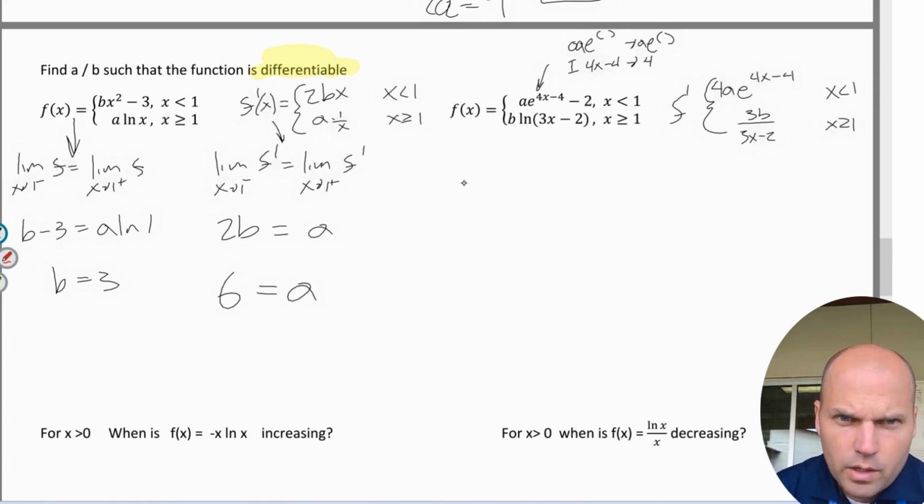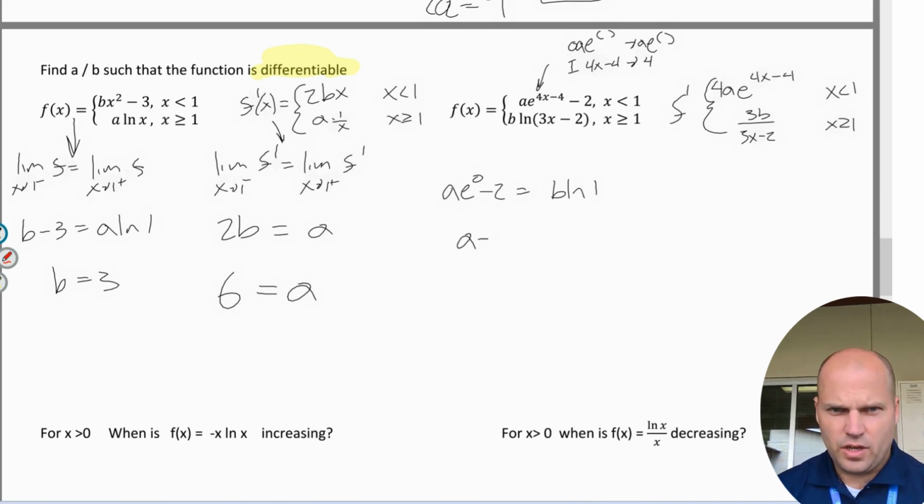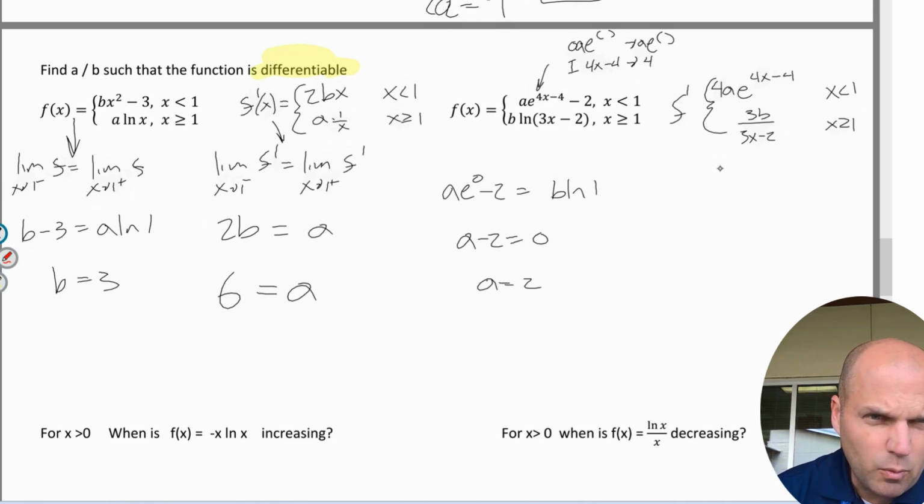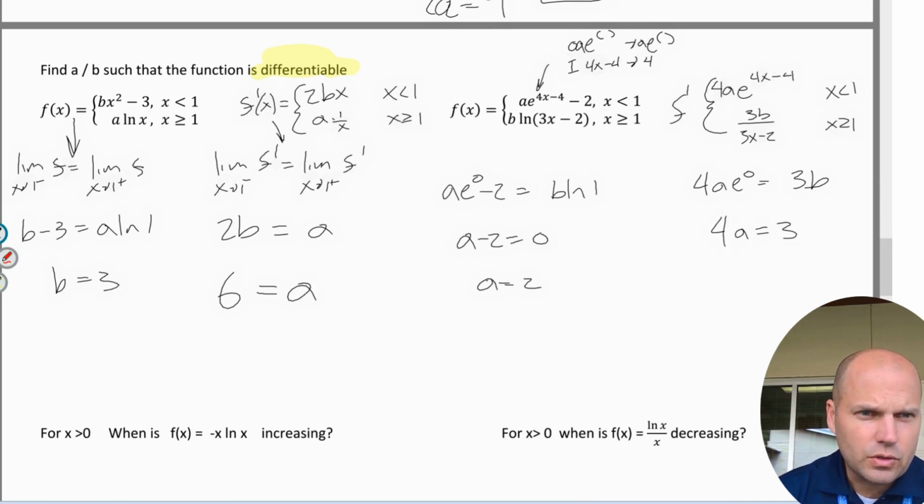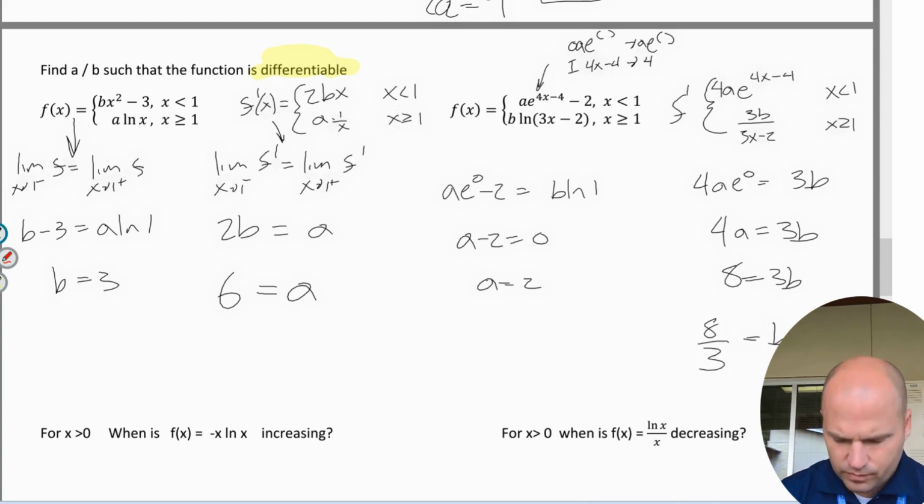Now if I plug in 1, I get a e to the 0 minus 2 equals b log 1. So I get a minus 2 equals 0. I get a equals 2. If I plug in 1 to both of these here, I get 4a e to the 0 equals 3b. I get 4a equals 3b. I know what a is. So b is 8 thirds.